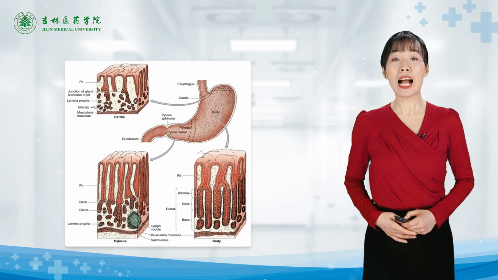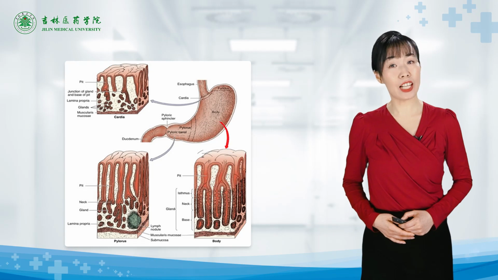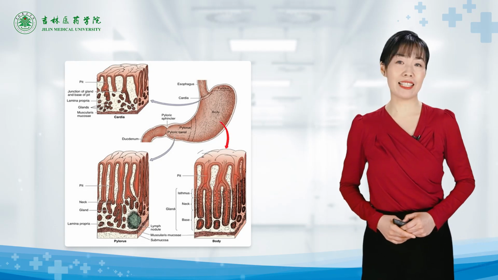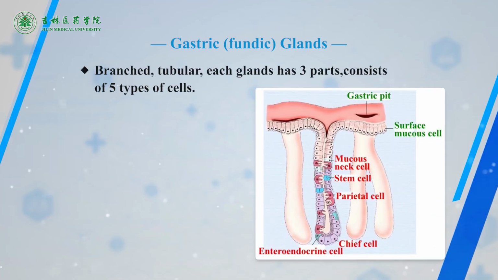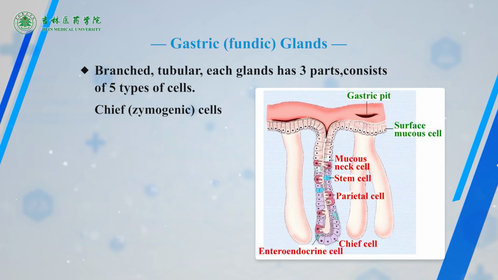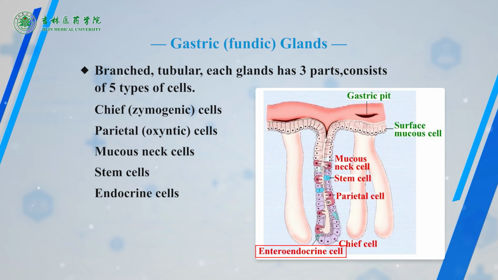Glands include cardiac glands, pyloric glands, and gastric glands, or fundic glands. The gastric gland consists of five types of cells: chief or zymogenic cells, parietal or oxyntic cells, mucous neck cells, stem cells, and endocrine cells.